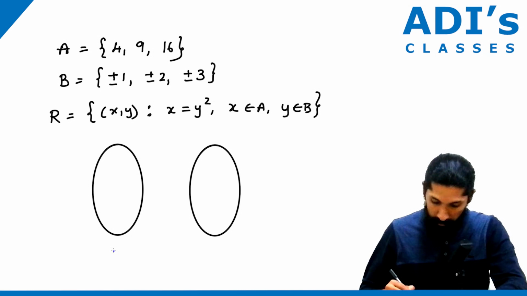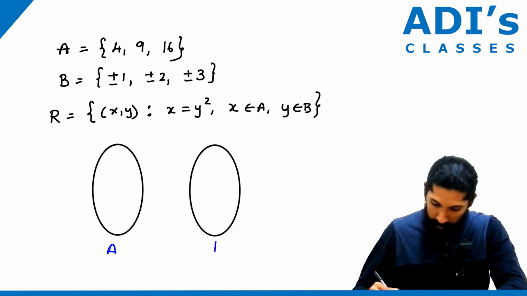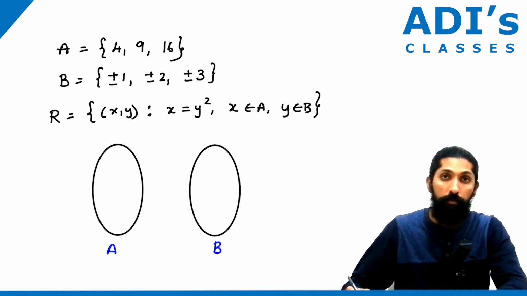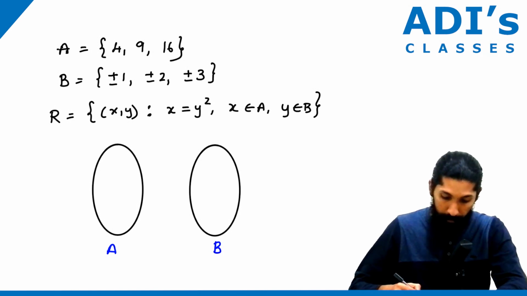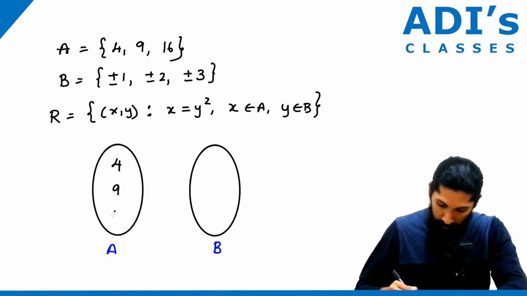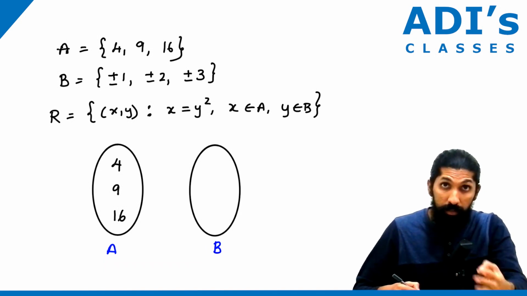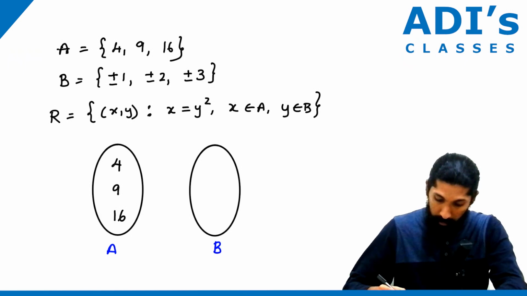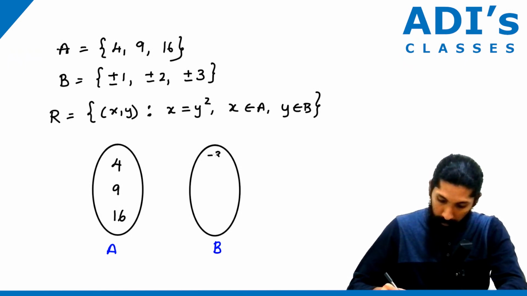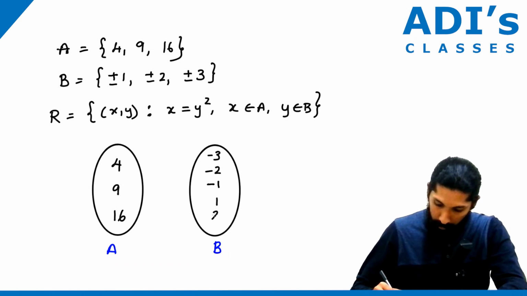Here, this is set A, this is set B. Fair enough? Now, we have the values. So, we have 4, 9, 16. 3 numbers or 3 elements in a set. The next one is you have minus 3, minus 2, minus 1, 1, 2 and 3.